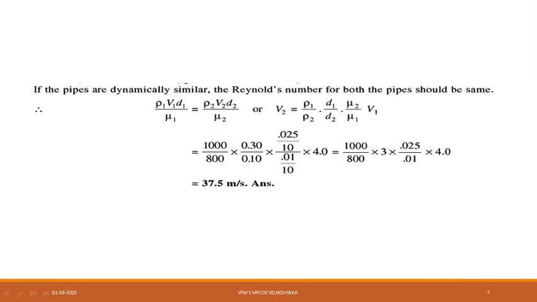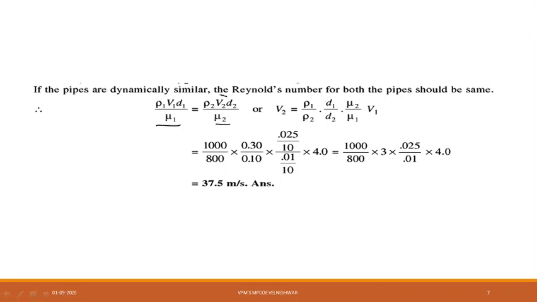Now if the pipes are dynamically similar, then the Reynolds number for both pipes should be the same. As it is dynamically similar, only the liquid is changing but the remaining are all the same, that is rho v d by mu. Now rho 1 v1 d1 divided by mu 1 is equal to rho 2 v2 d2 divided by mu 2.